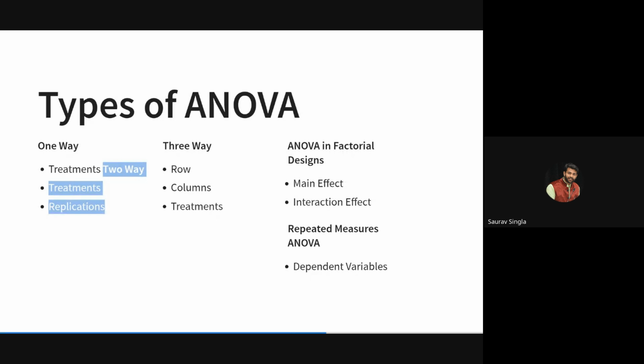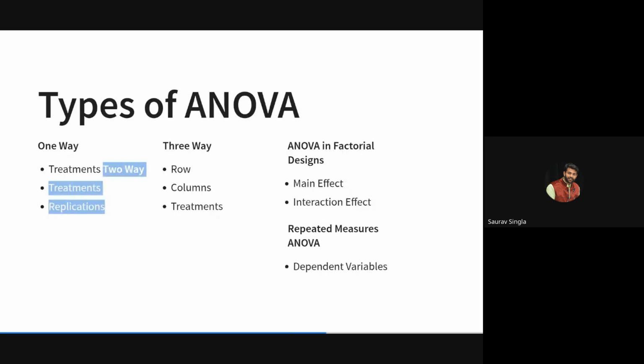One is treatment and the second is blocks. The most common example of two-way ANOVA is RBD, a randomized block design.